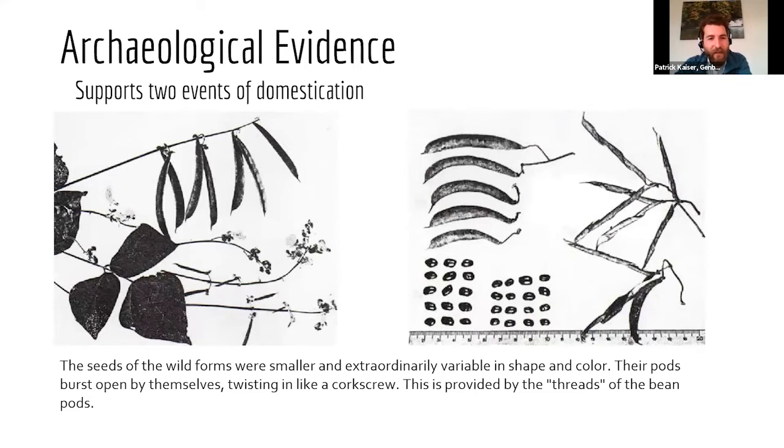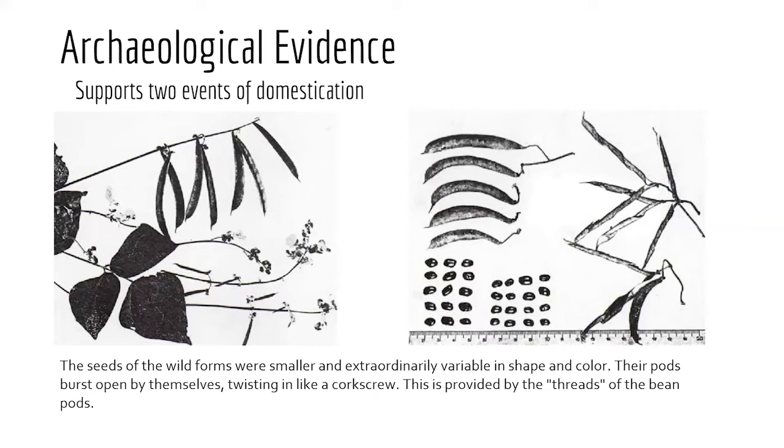Here we see in the pictures the wild forms, which are of course smaller, and much more variable in shape. Also, their pods burst open themselves to spread the seeds, which we of course try to stop by domestication. Nowadays we want the pods to keep the seeds when we harvest; it's one of the traits which domestication took away, so that the pods are not bursting anymore and spreading the seeds.